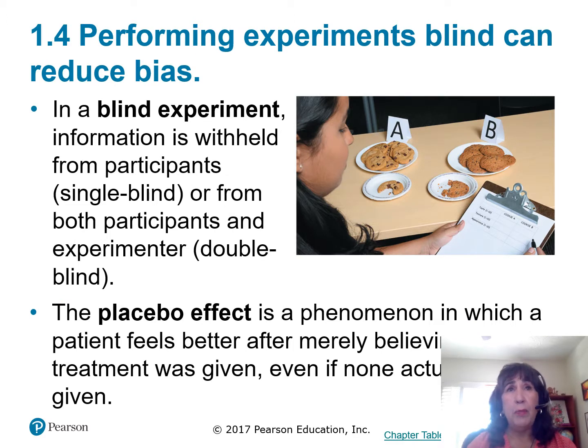Oftentimes, scientists run blind experiments. In other words, they withhold the information from the participants and the experimenter about which one is the treatment. And the reason why they're doing that is because they're trying to eliminate any bias. I remember when I used to work out in the fields, ag companies would come to me and say, could you please test this new product we've developed?